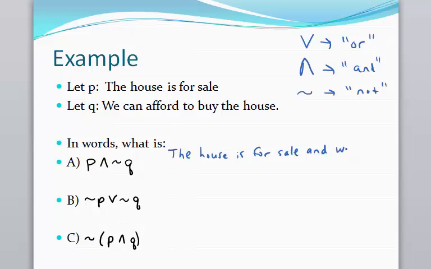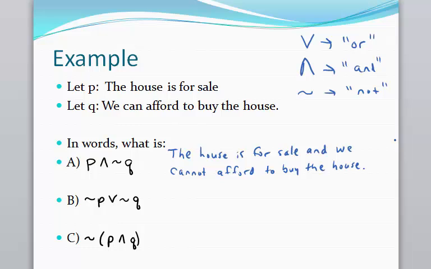The negation would be that we cannot afford to buy the house. And so the answer to part A is the house is for sale and we cannot afford to buy the house.